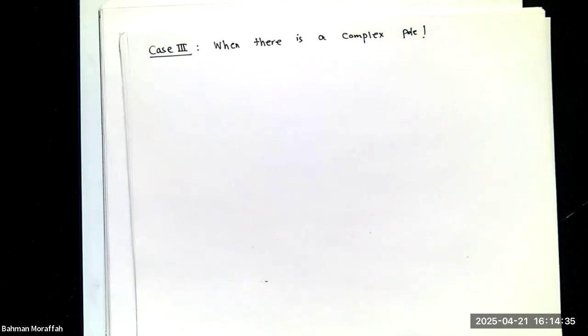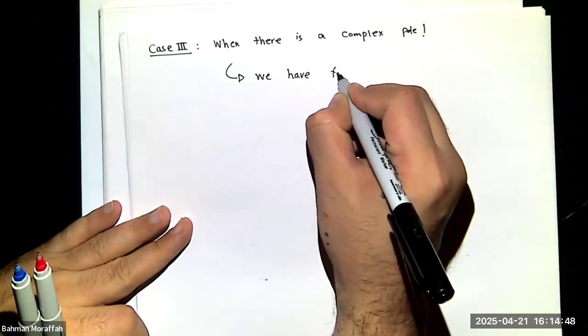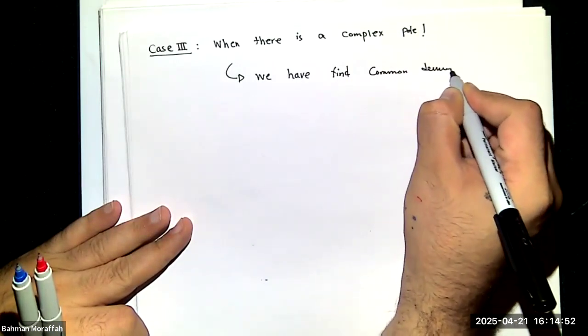If there is a complex pole, we've got to do it the old-fashioned way. Find a common denominator and try to simplify it. We have to find a common denominator.